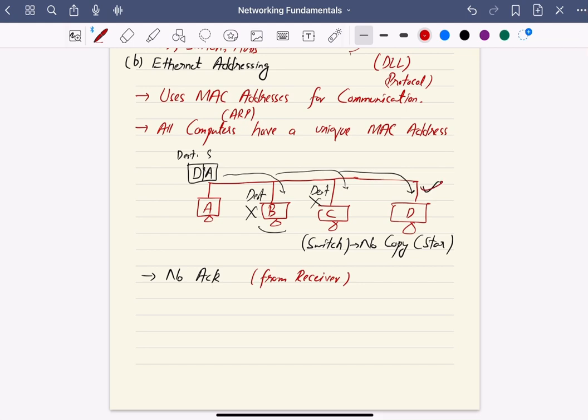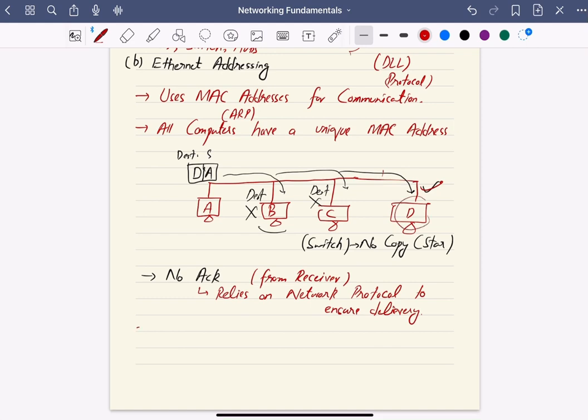There is no acknowledgement mechanism in Ethernet, and Ethernet totally relies on network protocols to ensure delivery. So if the packet has not been received, there would be no acknowledgement. For example, if there is a collision or something, D will discard the packet.